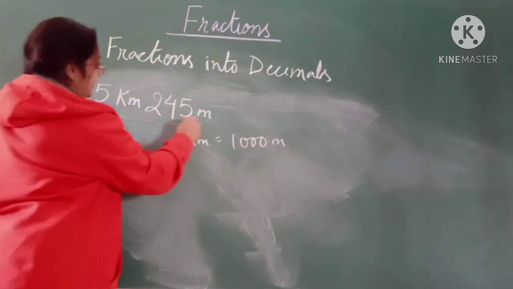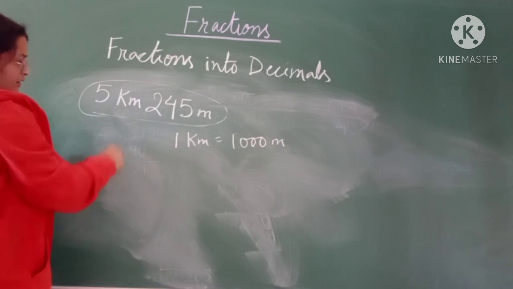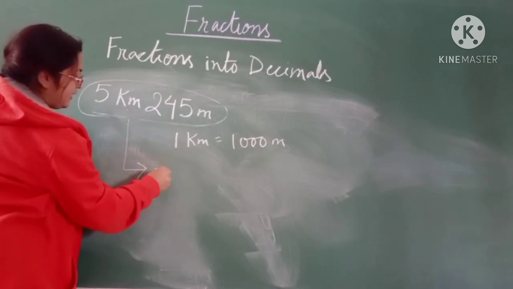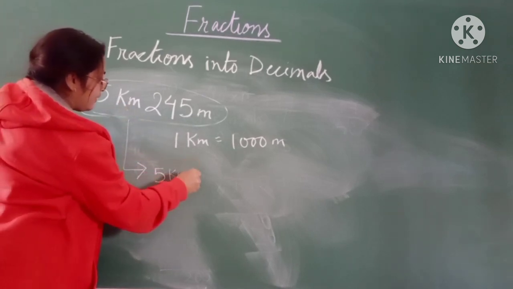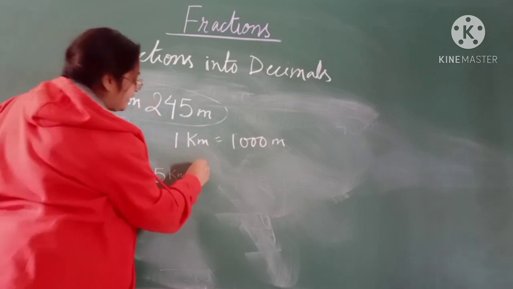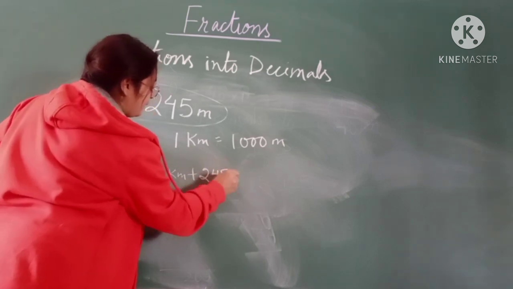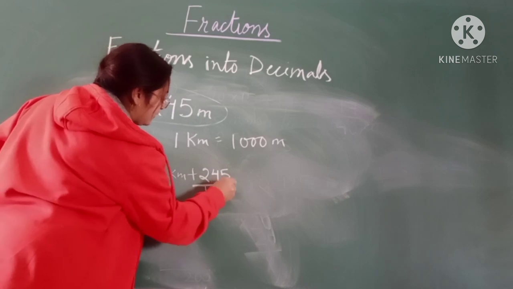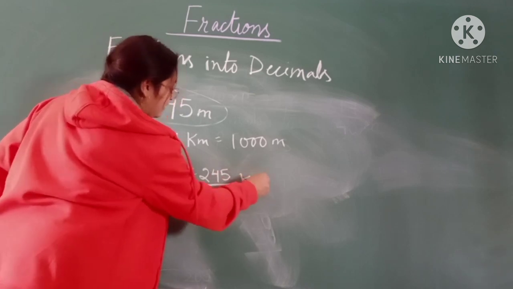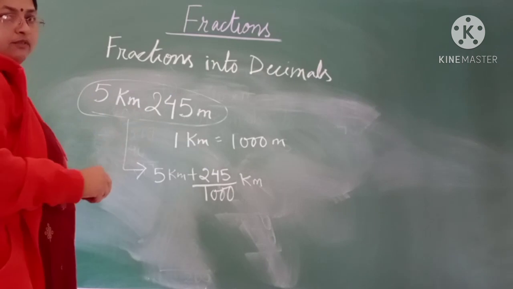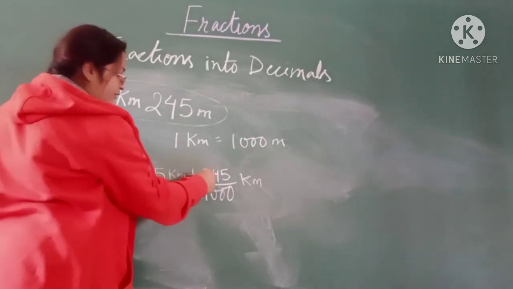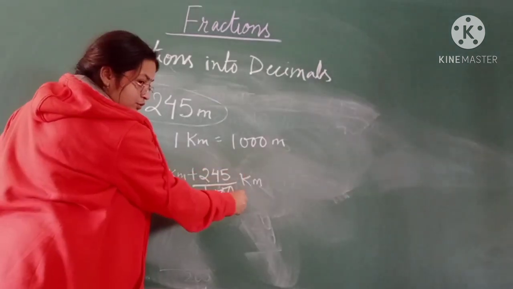So we can write this in the form of a fraction. It will be 5 kilometer plus 245 by 1000 kilometer. Right? What is the meaning of 245 meter? It means 245 out of this 1000 kilometer.